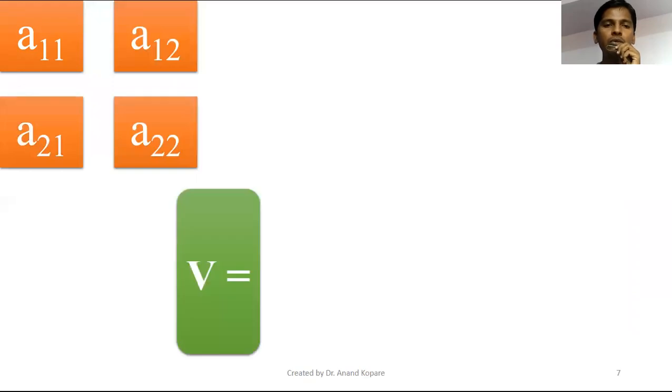The last value which you have to find is V, and V is the value of the game. For finding the value of the game, you have to use these two quadrants, that is A11 and A22.